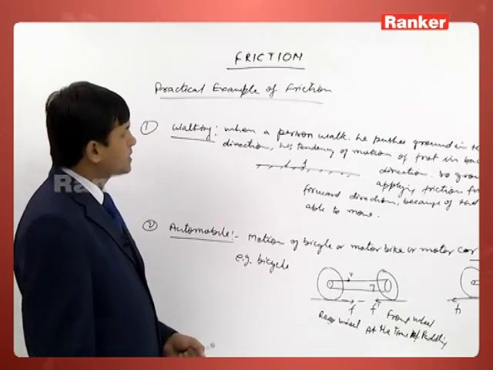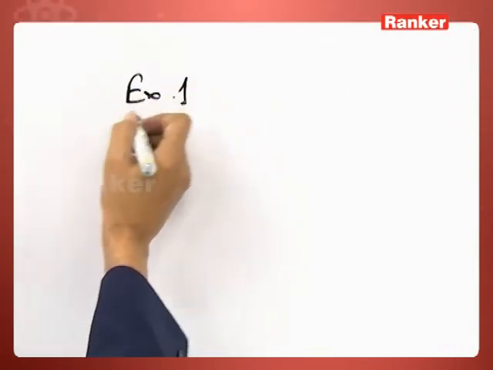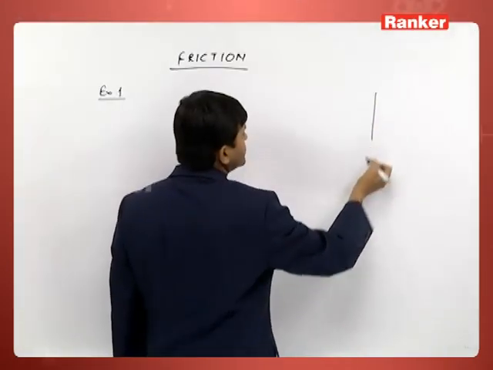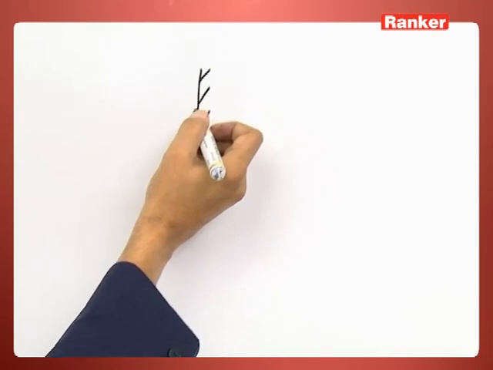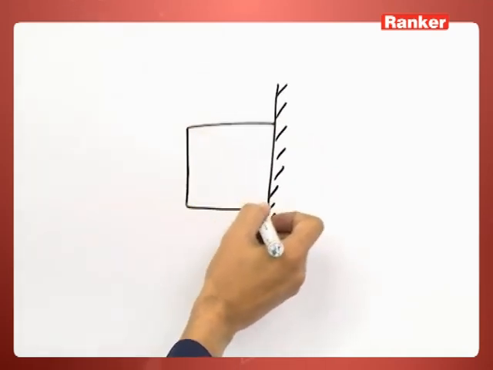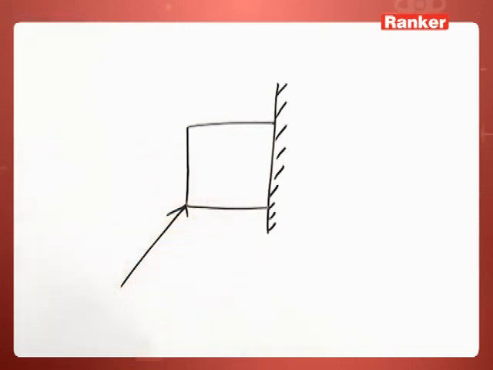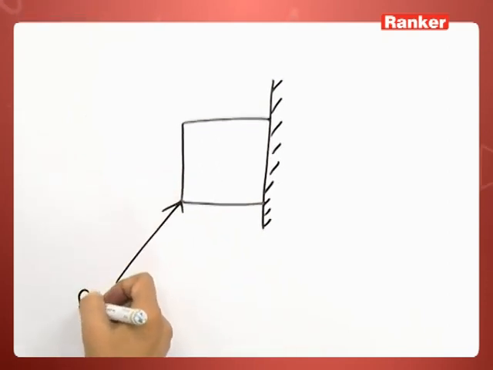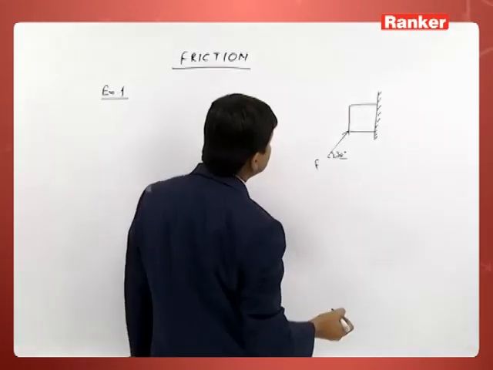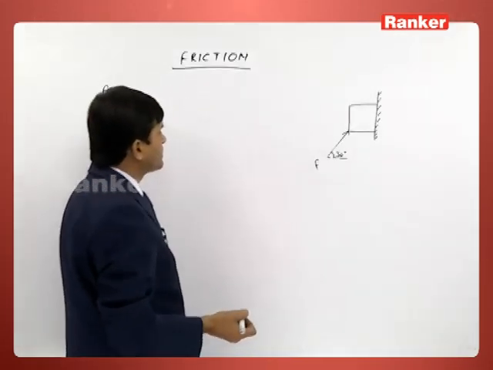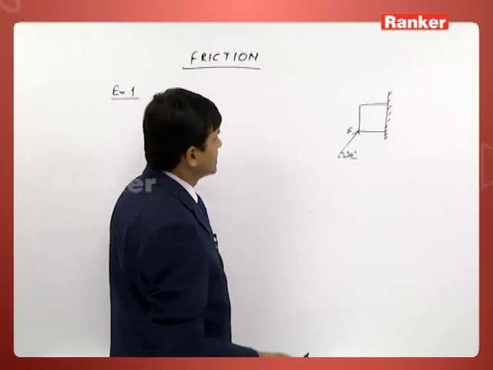Now come to a numerical example based on friction. In this question, suppose this is your vertical wall, and on this wall a force F has been applied, making an angle of 30 degrees with the horizontal, keeping the block at rest.